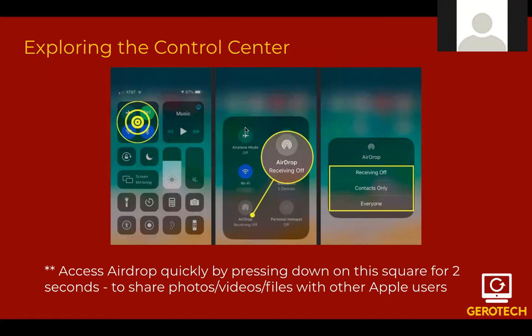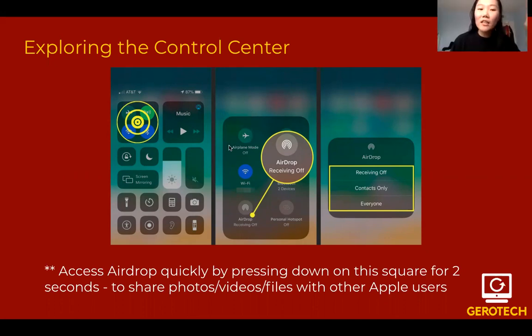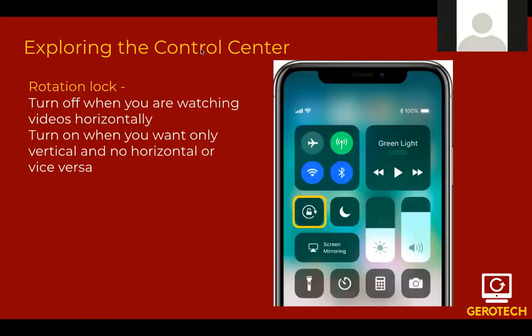No, I don't see AirDrop receiving on my iPhone. I see the airplane mode, the Wi-Fi. Okay, press on the airplane mode and Wi-Fi square very firmly down. Okay, now I do. AirDrop receiving off. Okay, your AirDrop is off. Thank you. That did it.